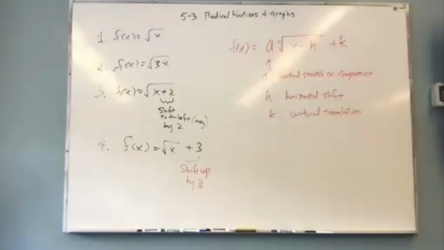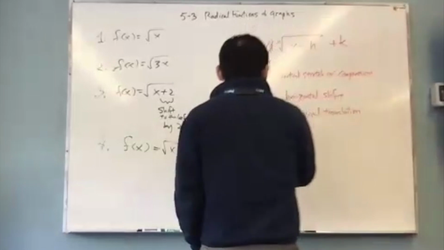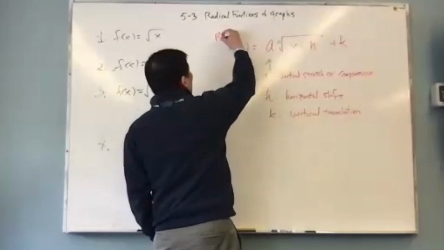Looking similar to this. How about the V shape, the absolute value graph? You notice it's similar to this, the radical function.